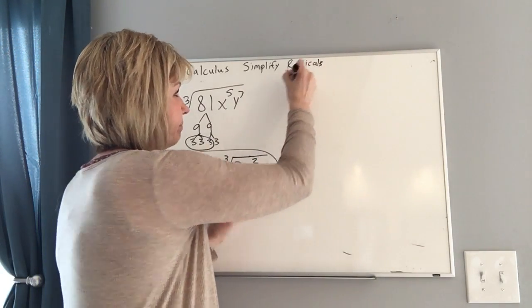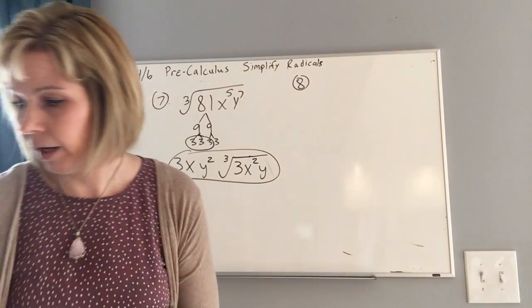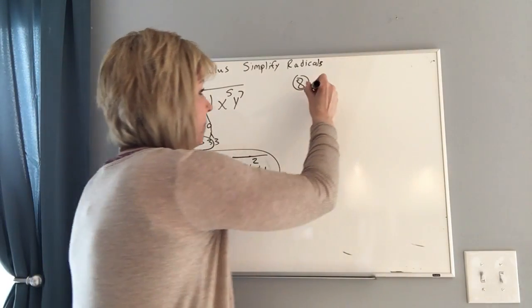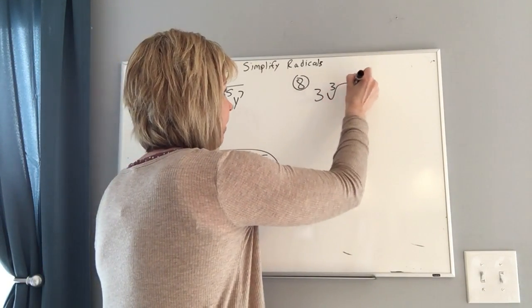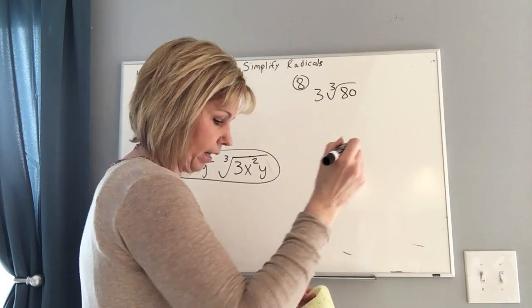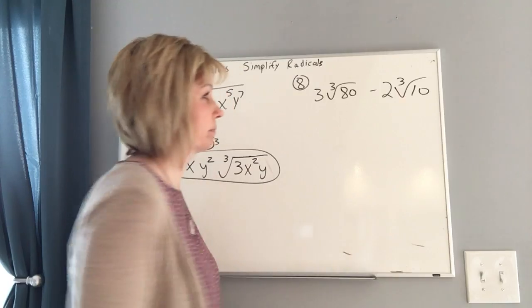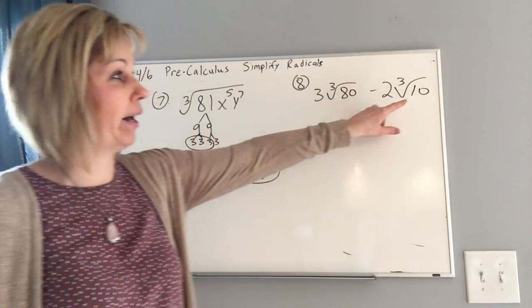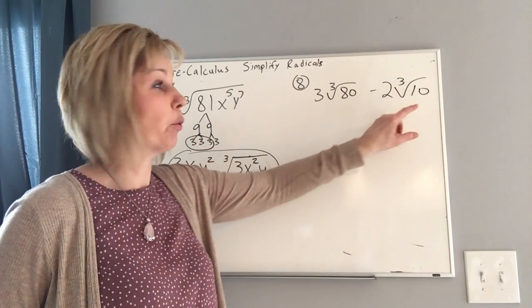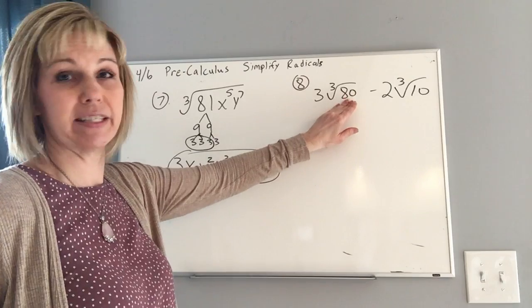Okay, so for 8, I have one on adding. It's 3 cube root of 80 minus 2 cube root of 10. Okay, 10 is a 2 and a 5. So our goal is to see if we can get this to say 10.